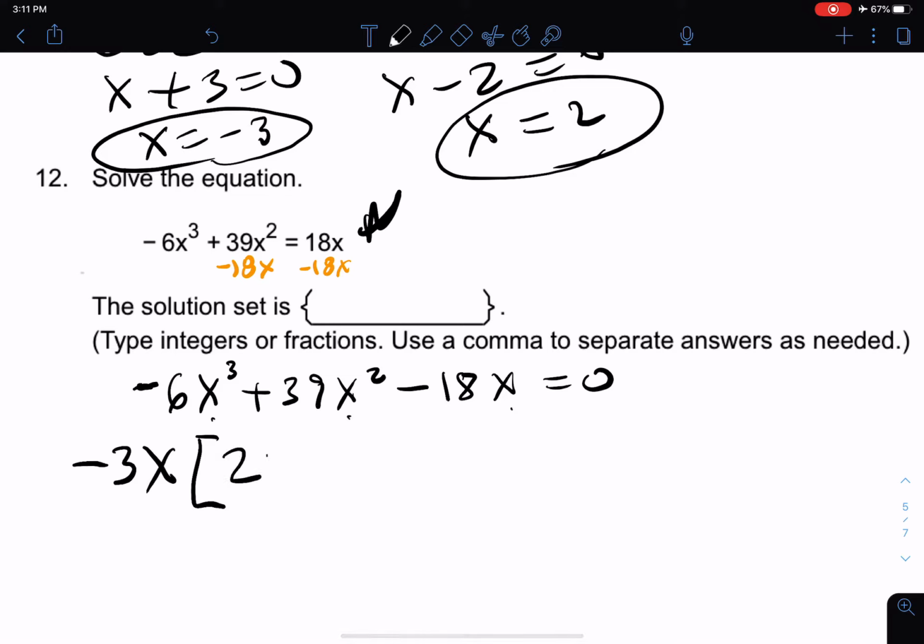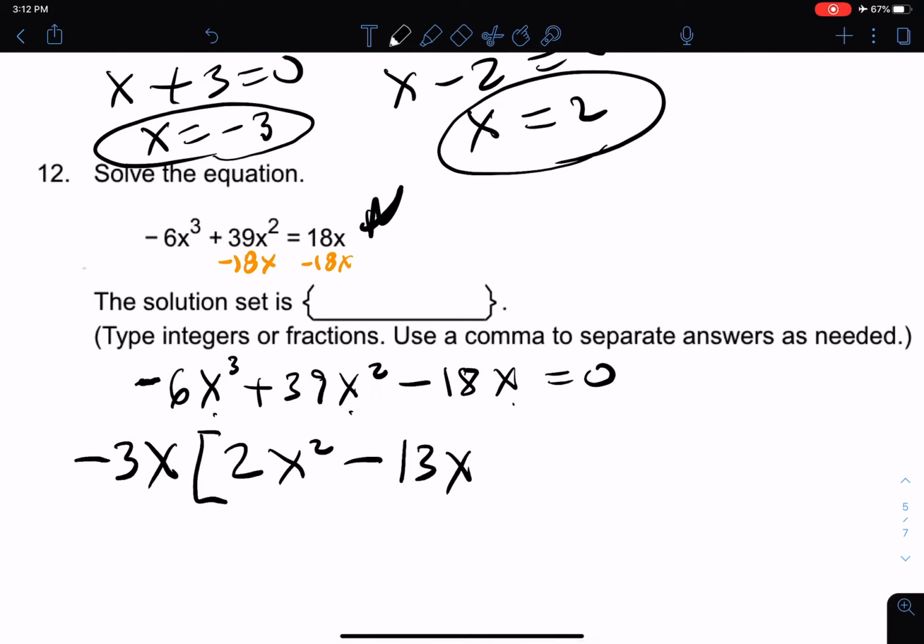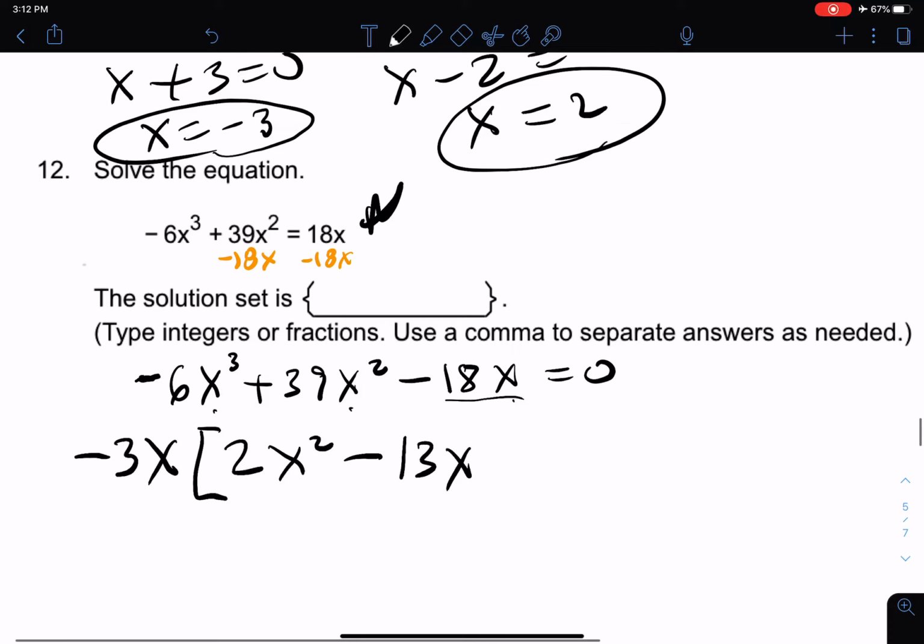A 2x squared. And then we get negative times a negative is positive, so that's going to be, isn't it 13, I believe? 13x. And then once again, we're factoring out a -3 from this, so that's going to be a positive 6.